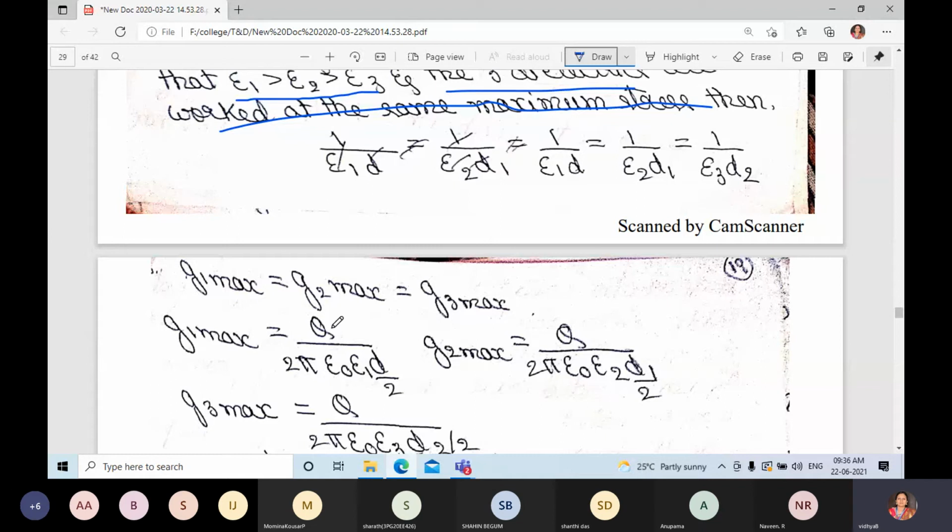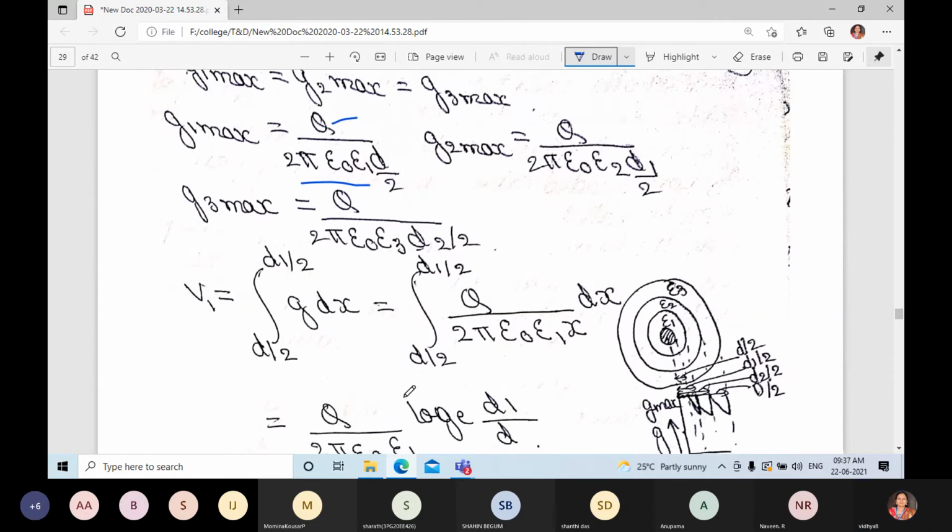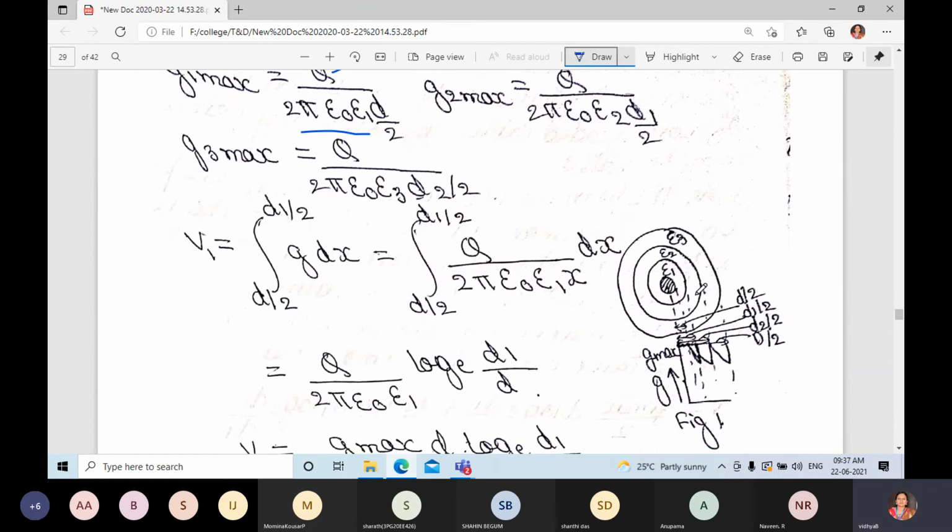G1 max is equal to Q, because we are considering capacitance here. So Q divided by 2 pi epsilon naught epsilon 1 into d by 2. This is the diagram. Between this and this, epsilon 1, and what is the distance? d by 2. So Q divided by 2 pi epsilon naught epsilon 1 d by 2.